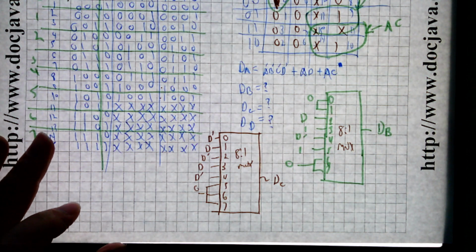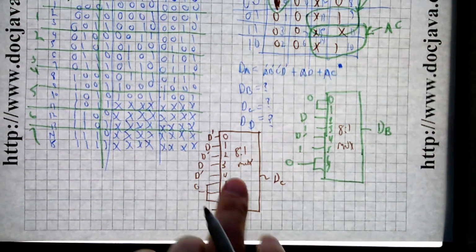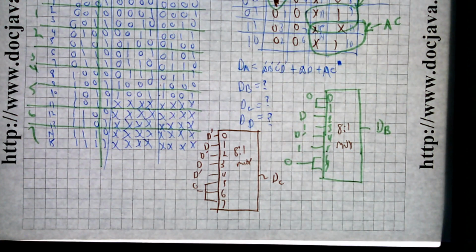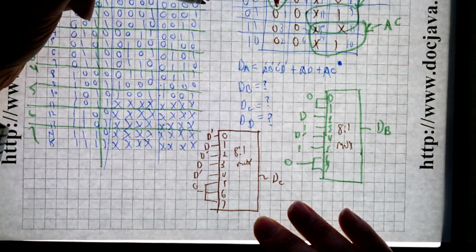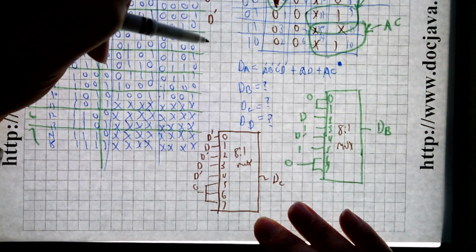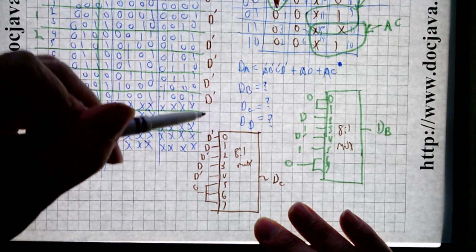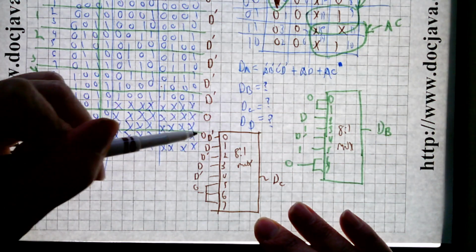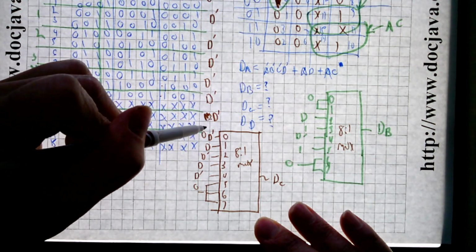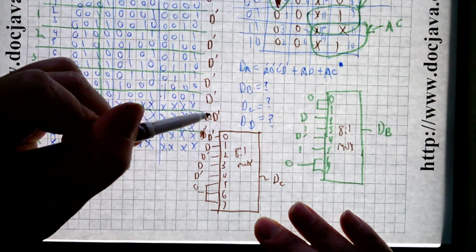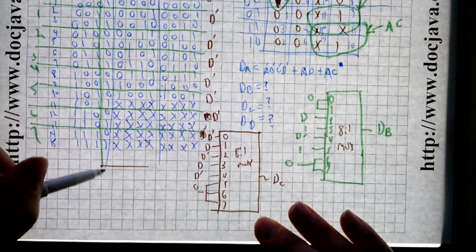Now I could do d sub d, but I can leave that as an exercise. Now that you've seen how to do them, you can do your own d sub d. I think that's good. Because here it's equal to 0. Here it's equal to d prime, d prime, d prime, d prime, d prime if you like, and then just 0. In fact, since it's don't care, you could make it all d prime. How easy is that?